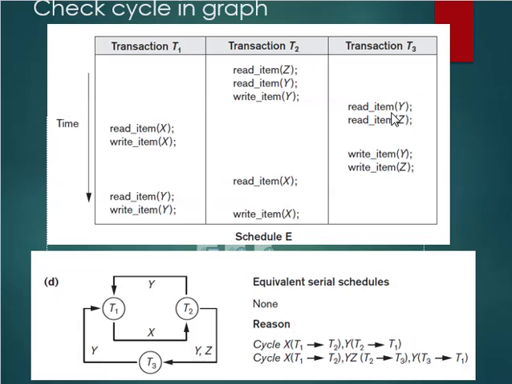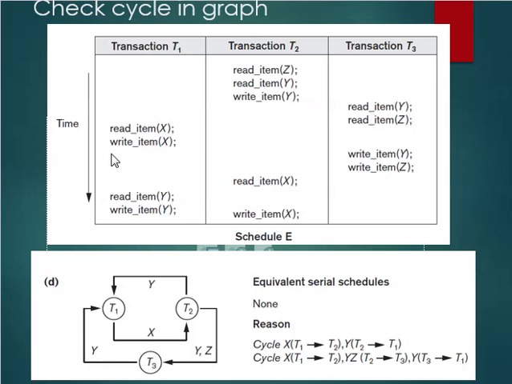So from the read item of y, we have to check down the table. In transaction T2 there is no operation after this point in time. There is only read item of x and write item of x, so there is no conflict of read item of y in T3 to T2. So there is a conflict from T2 to T3, but there is no conflict from T3 to T2.